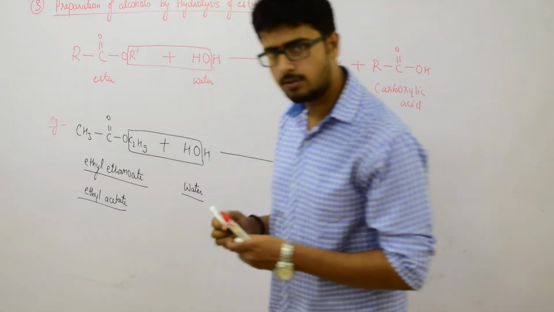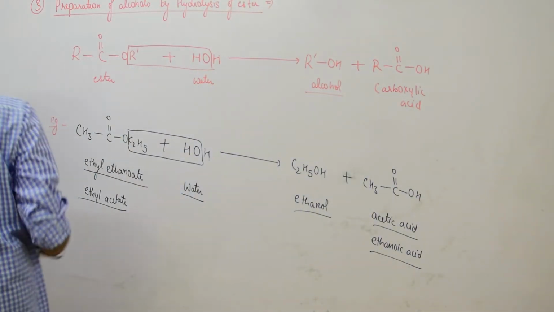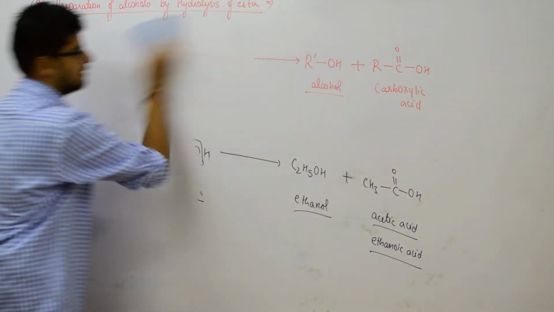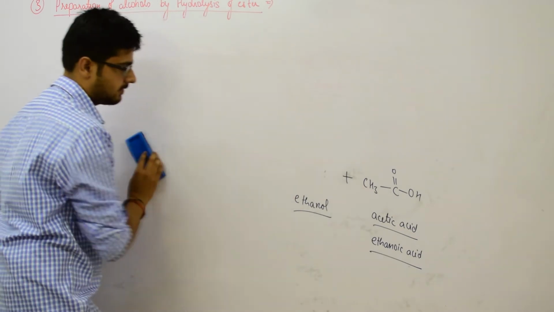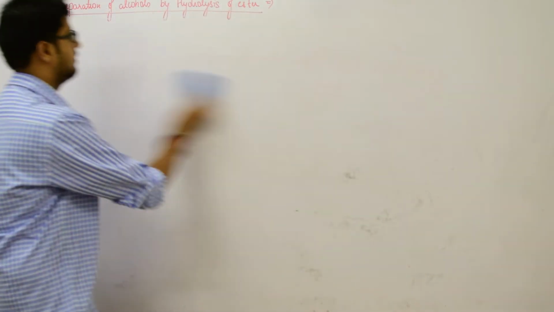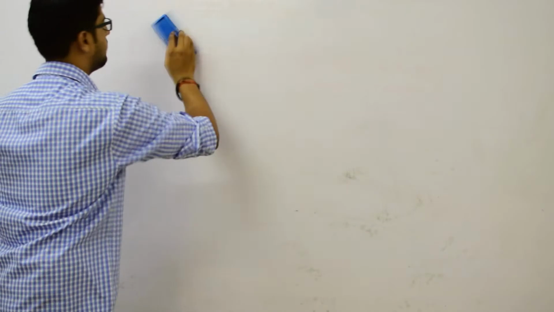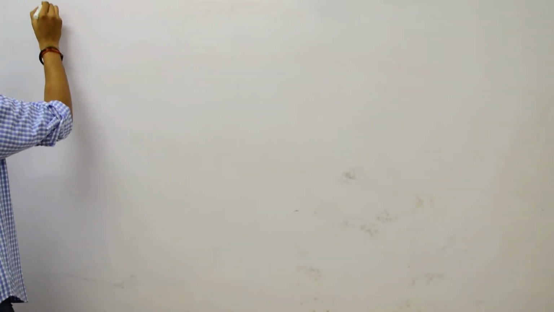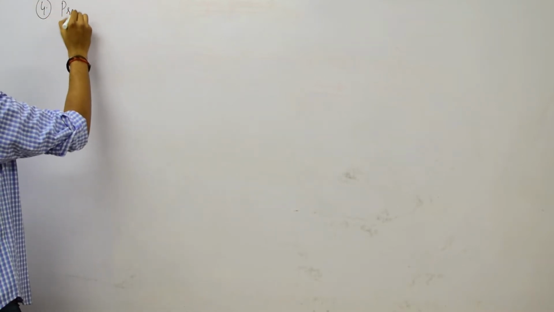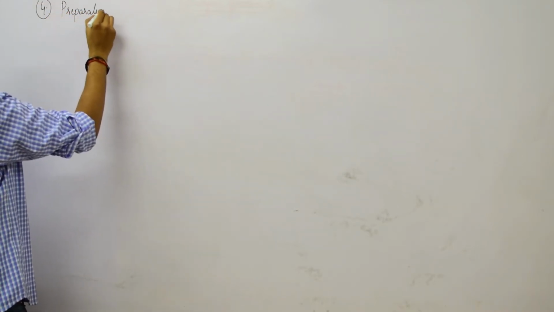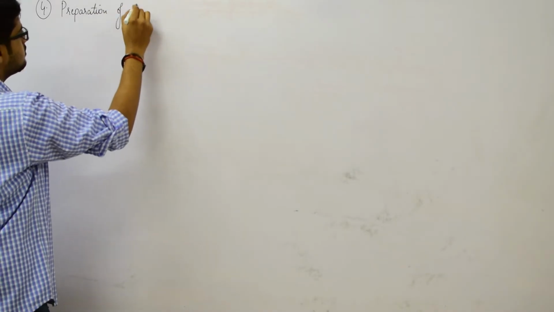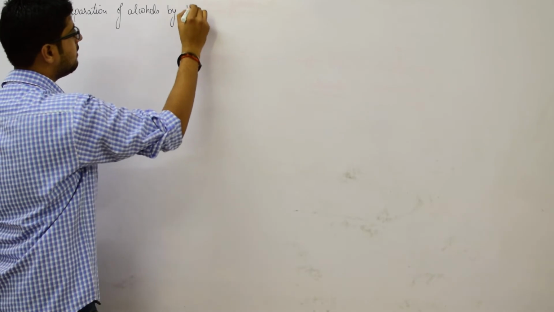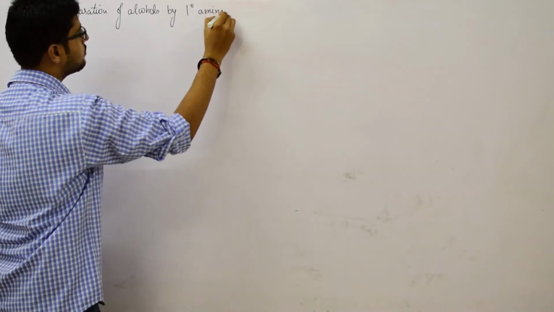So now we are moving forward to the next general method. This was our third one. Next is the fourth one, preparation of alcohols by primary amines, that is 1 degree amines.